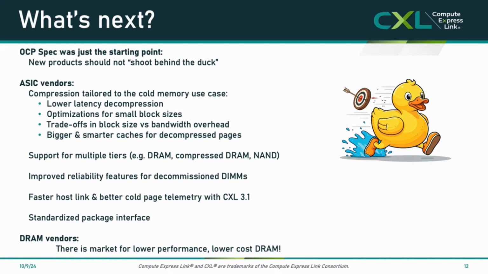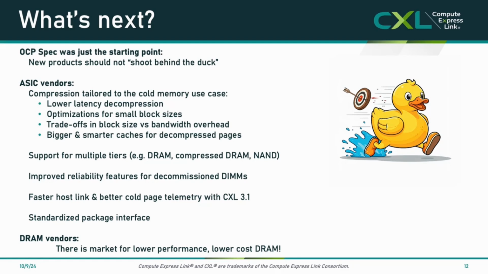Finally, let's talk about the future. The controller spec we created is a base specification with plenty of room for innovation. For example, memory controller vendors can provide more efficient compression and decompression schemes to make the solution tunable with knobs that help trade off speed and compression effort.